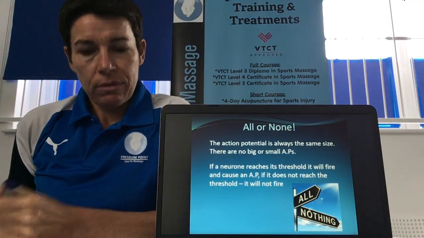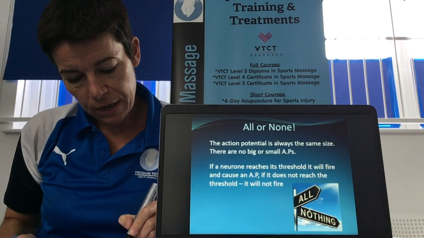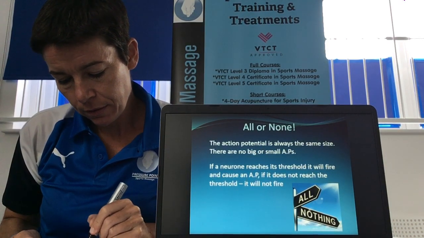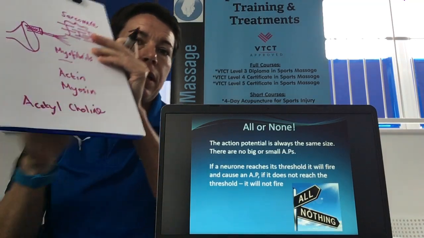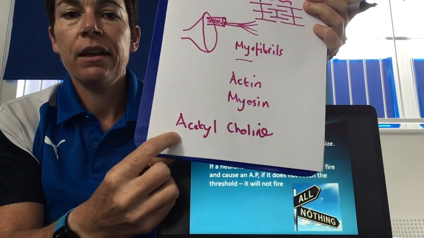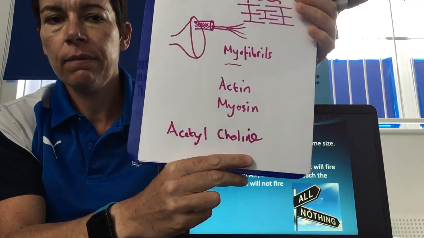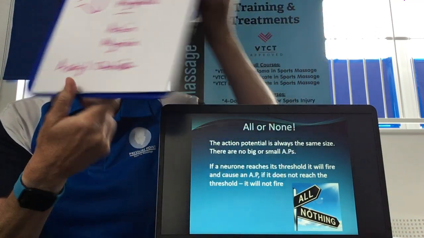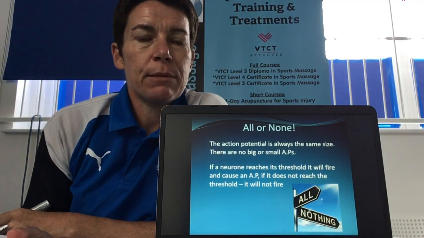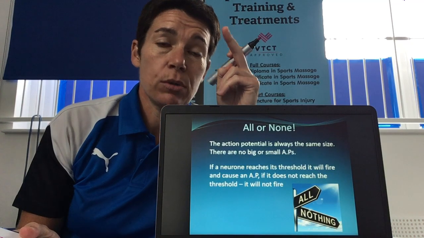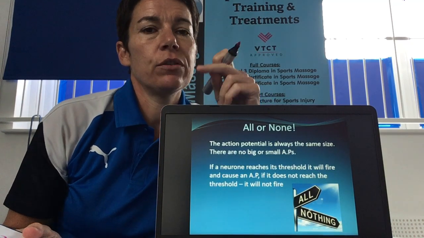I'm going to write down another word in case you didn't see it. Okay, at the bottom here, acetylcholine. What was acetylcholine? Okay, that is the neurotransmitter. That's the neurotransmitter that goes from the created nerve impulse across the junction to the muscle fibre.